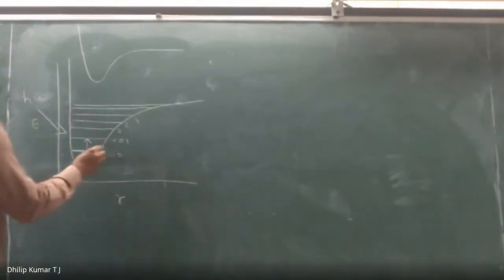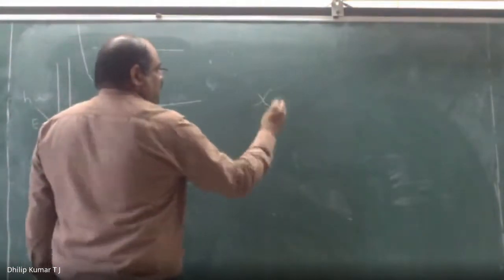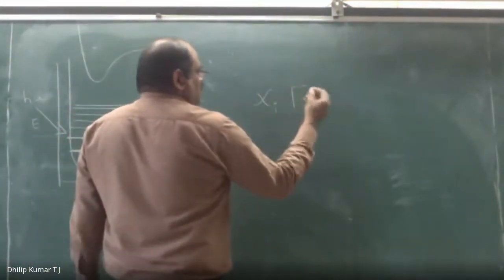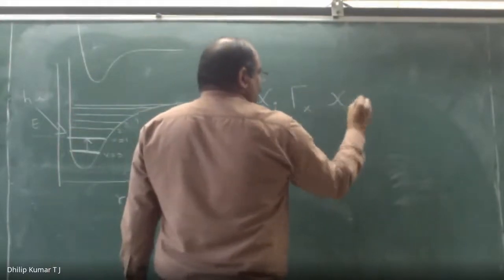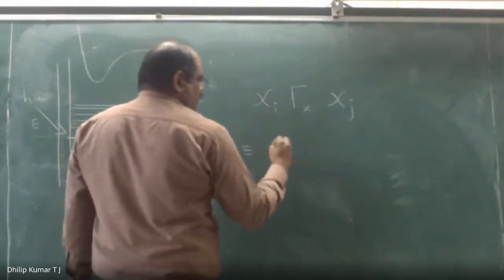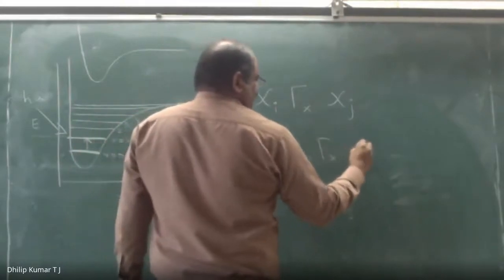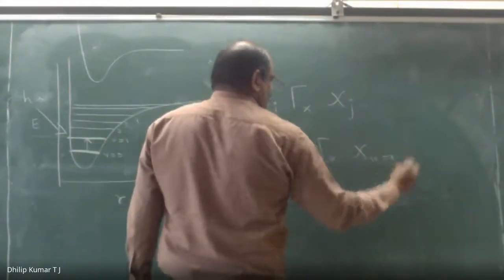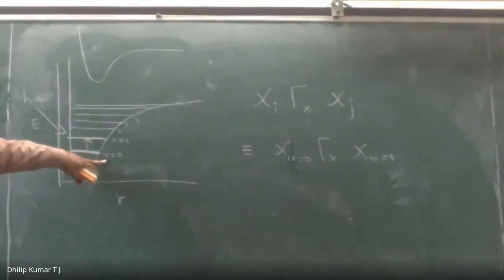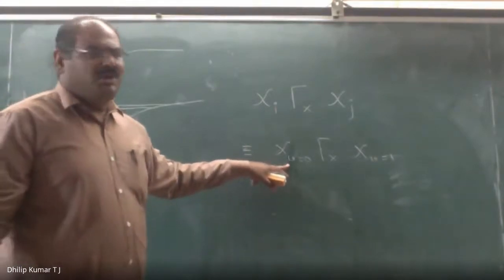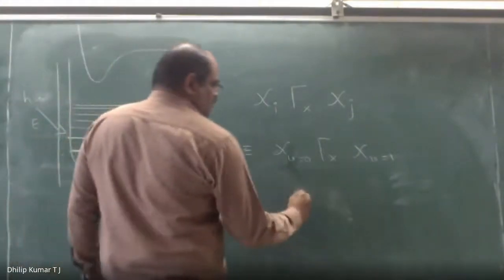This is vibrational state v equal to 0. This is vibrational state v equal to 1. So this is what we wrote yesterday: chi of initial, gamma of x, and then chi of final. This can be considered as chi of the v equal to 0 state, then x, and chi of the v equal to 1 state. For the molecule present in the v equal to 0 state, you have to write that symmetry here. For the water molecule, that is A1 symmetry, the ground vibrational state.